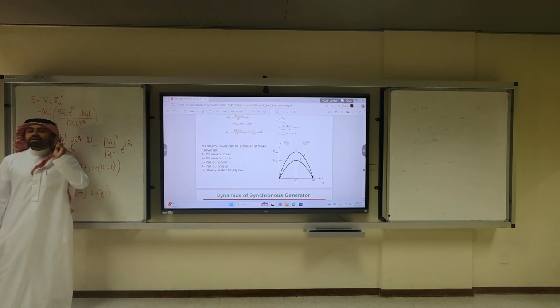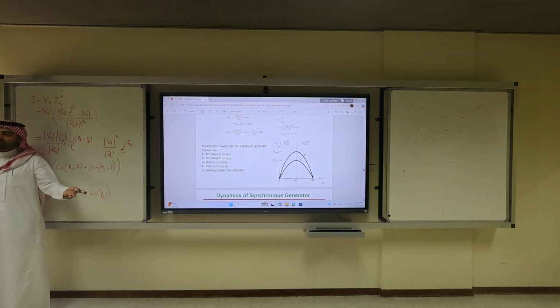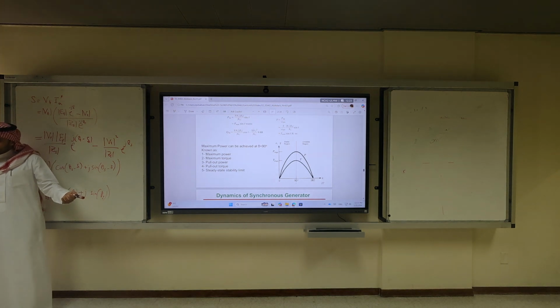And remember, delta is the angle between the excitation voltage and the terminal voltage. The excitation voltage, you can control it by exciting the rotor or moving the rotor faster. Any change in the rotor would change it. And I told you before, it has to do with the alignment of the magnetic flux of the rotor with the magnetic flux at the stator.